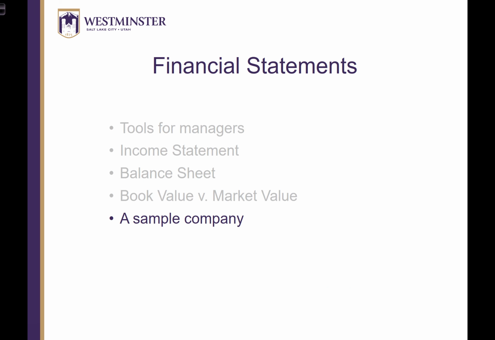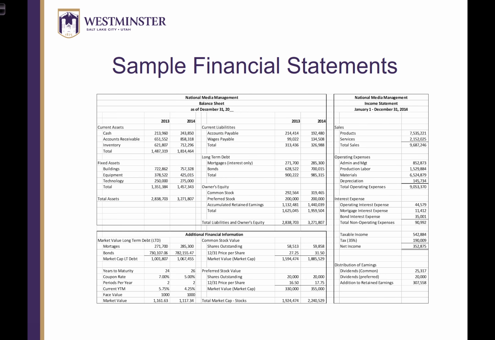Well, finally, let's look at a consolidated statement of these three elements for this sample company, where we have the balance sheet, the income statement, and then finally this additional financial information. Now, you won't always see additional financial information on a consolidated set of financial statements.